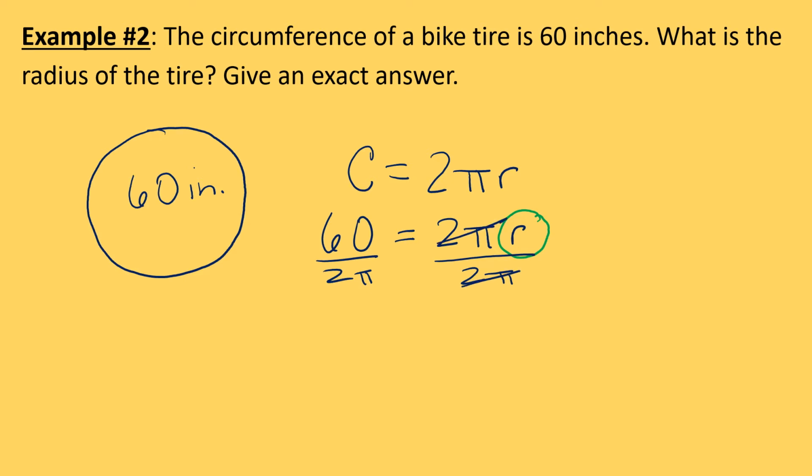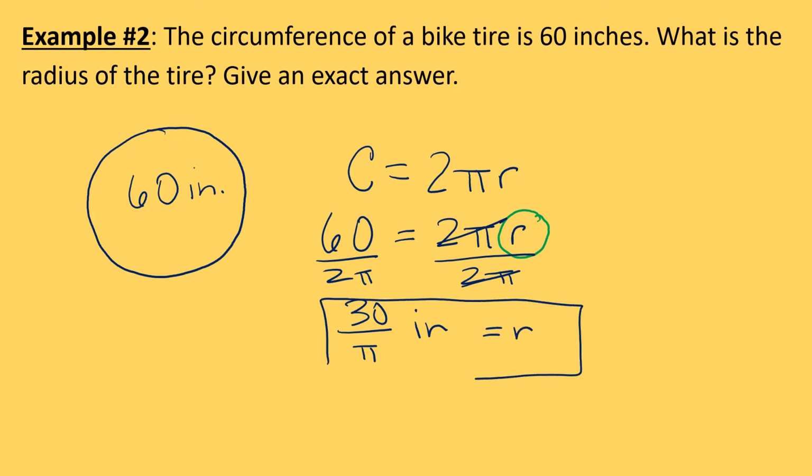So those reduce to 1 and cancel out. 60 divided by 2 is 30, and I cannot do anything with pi. My units is inches, and that's going to equal my radius. And I can just leave it like that. I know it's not pretty, and it doesn't look like something that's going to make you happy, but it will make your math teacher happy. So just leave your answers exact.